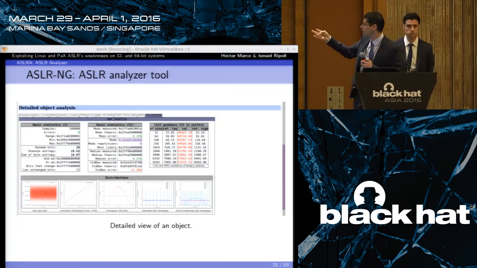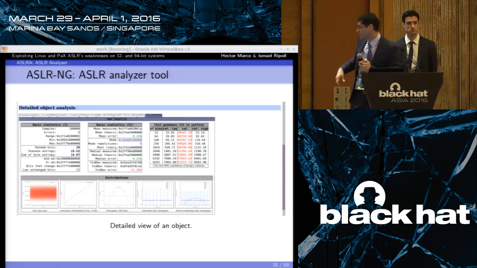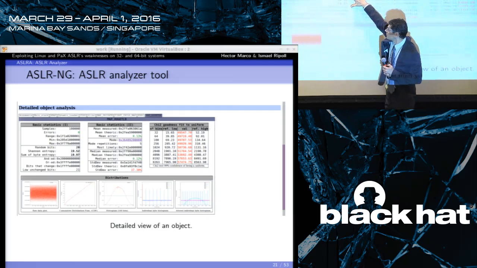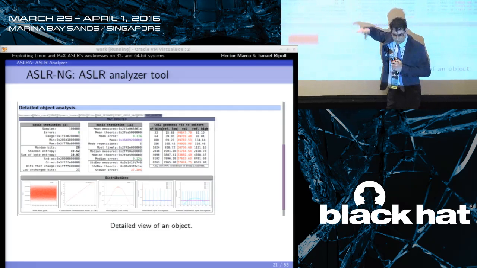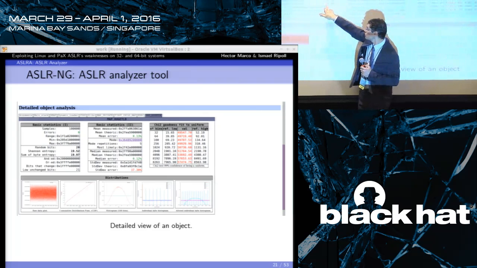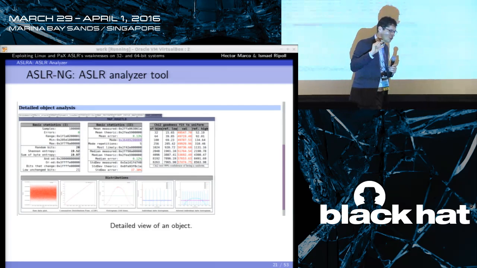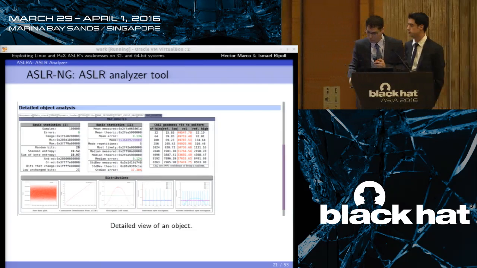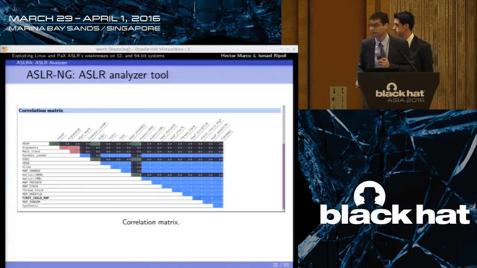The mean, the mode, the standard deviation, and three parameters for randomness. How many random bits do we have? What is the Shannon entropy, the expression of the equation, and the sum of the Shannon entropy of individual bytes. And if we can imagine more ways to measure entropy, the better.